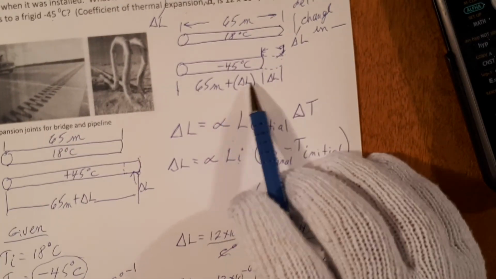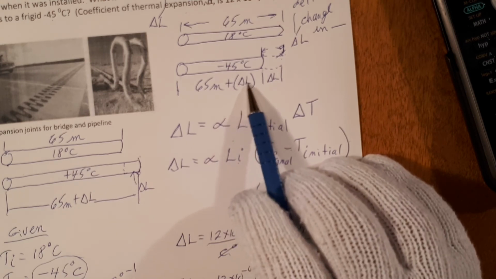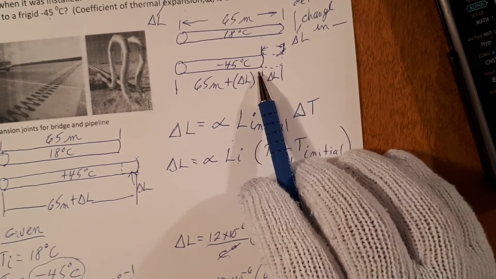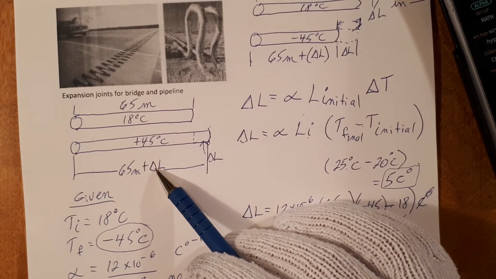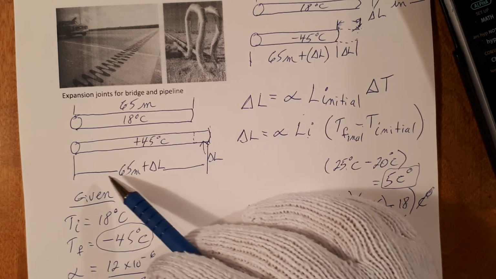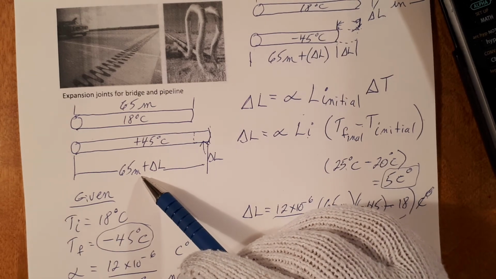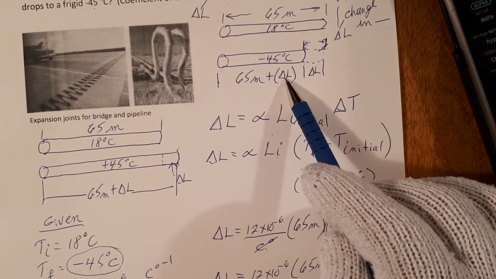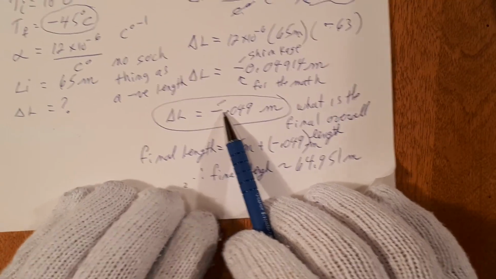So it's going to be less than the original 65 meters, and hence the reason I wrote it like this, 65 plus that delta L, because that delta L can be negative, in which case it accounts for this being a subtraction. In the expansion case, the delta L will be a positive value, and then it'll account for the expansion. But the equation is written the same way, 65 plus delta L and 65 plus delta L. And that negative sign is the reason for that.